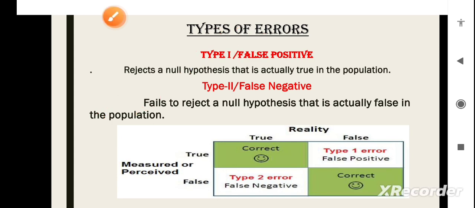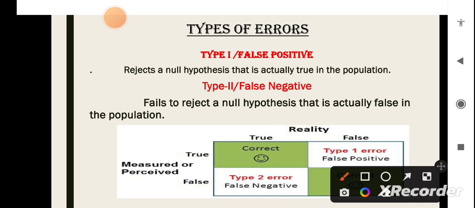While testing a hypothesis, we may make some errors, which are the type 1 error and type 2 error. The type 1 error is also known as false positive or alpha error, whereas the type 2 error is known as false negative or beta error.